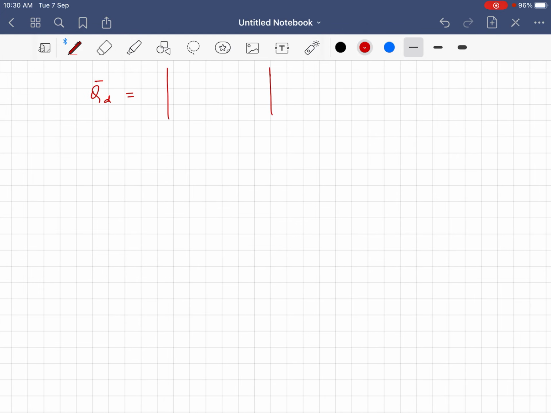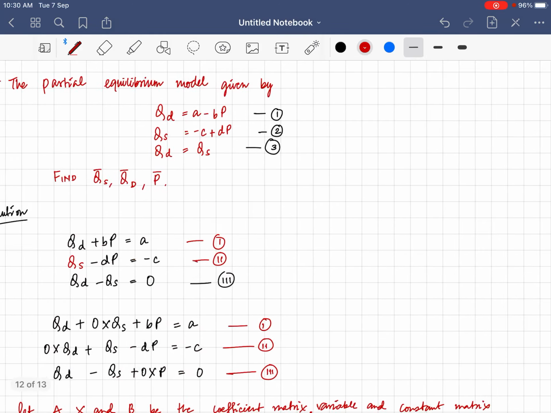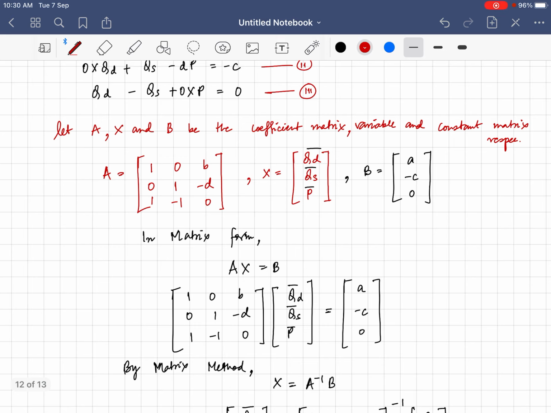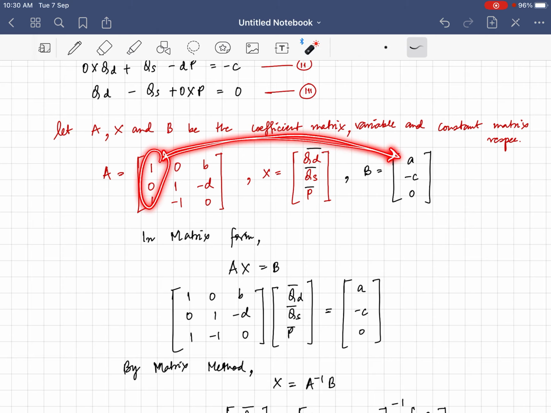Now Q D is basically the first element. So I will replace all the elements of the first column. Since I am finding Q D, I will replace all these elements of A by the constants.